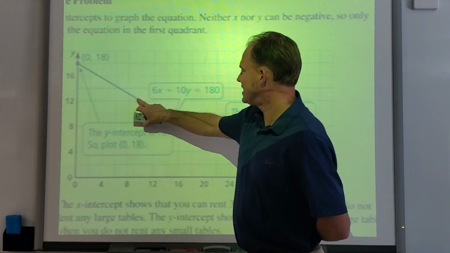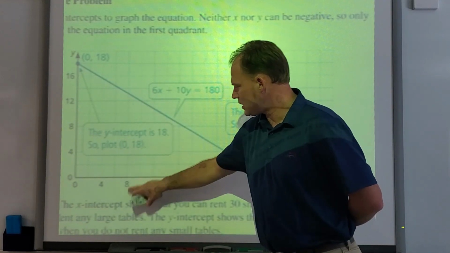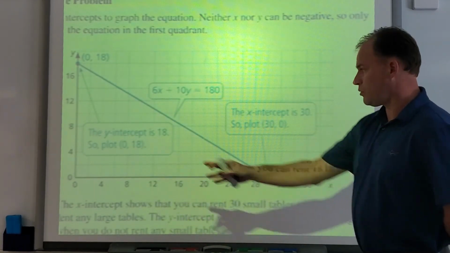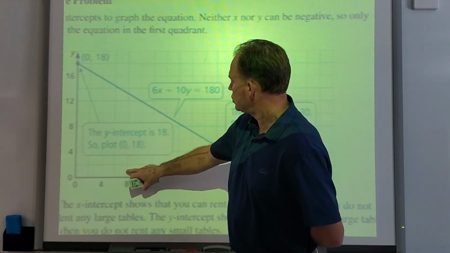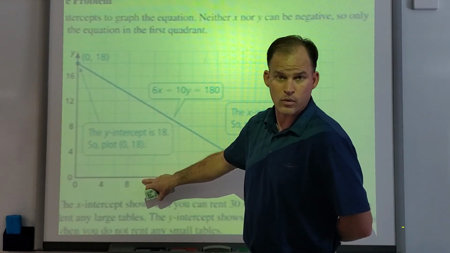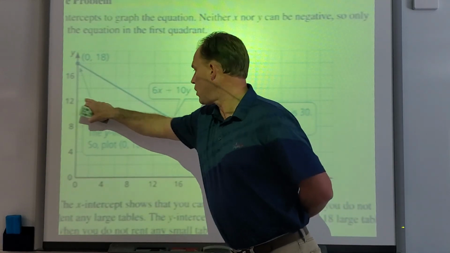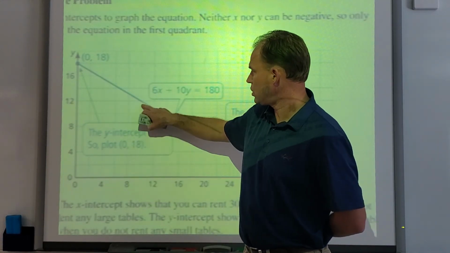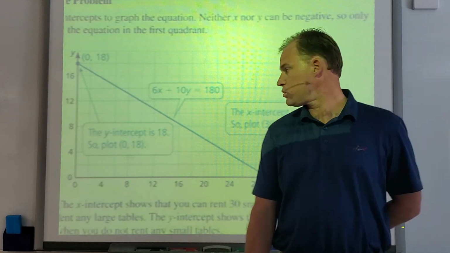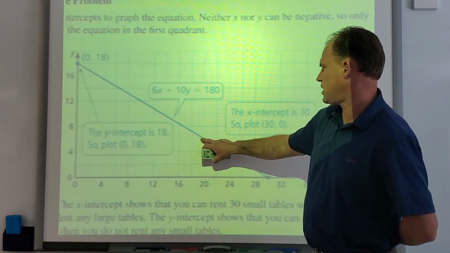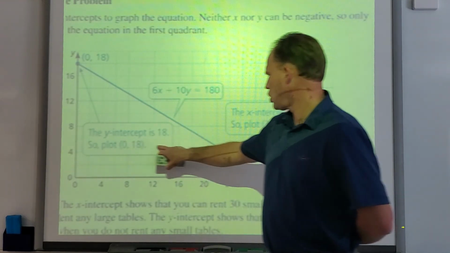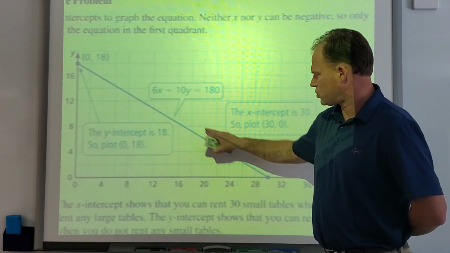So that's 8, 12. If you remember, this was small tables and that was large tables. So we have 10, 12, 10 small tables and 12 large tables. Do we see any others? Yeah, right here, 20 small tables and 6 large tables. That's where it goes through a corner.